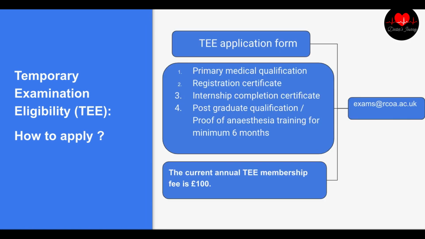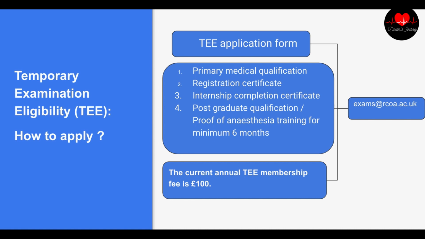And along with the TEE application form, we also need to have a primary medical qualification and registration certificate of wherever you have been registered, your internship completion certificate, and a postgraduate qualification.